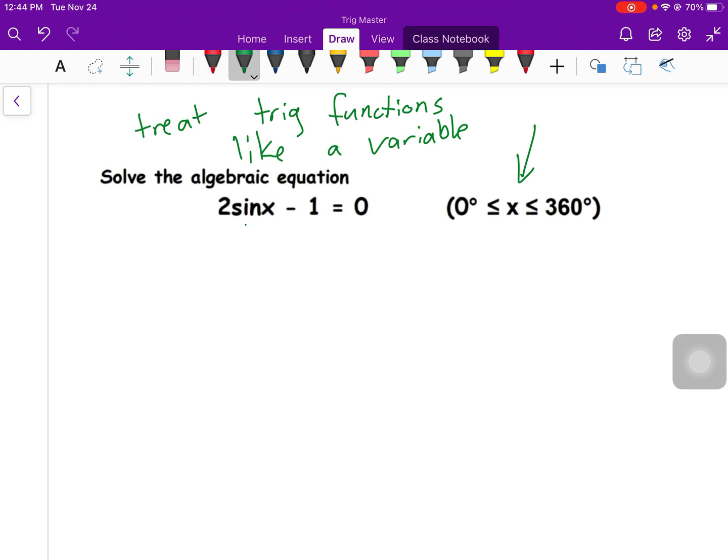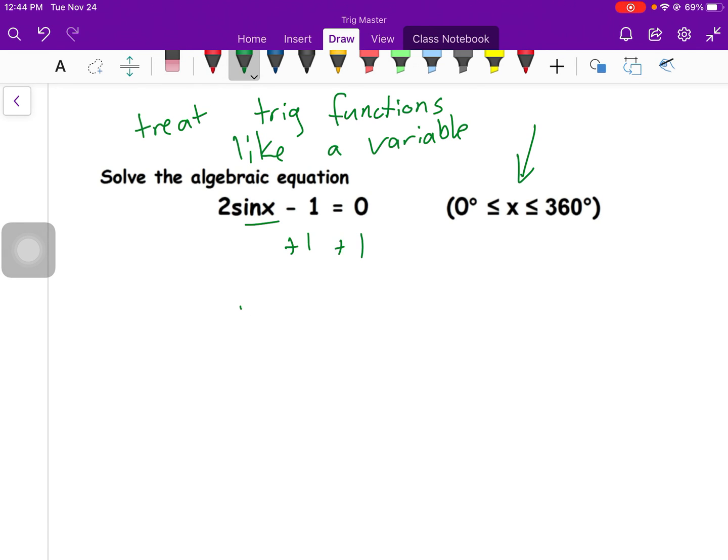All right. So even though it says sine x, in algebra 1, I would be able to give you an equation like this, and you'd be able to solve for x. That's what you're going to do, except for now instead of solving for x, you just solve for sine of x. So you have another step.